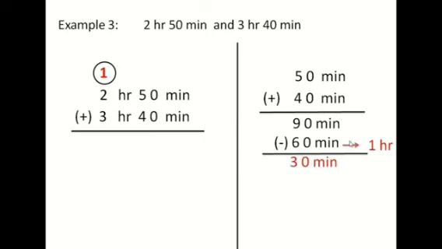And these 60 minutes, meaning 1 hour, will be carried over in the hour column. So in the column of minutes, you will write 30 minutes and then add the hours. It will be 3 plus 2 plus 1, which means 6 hours 30 minutes. So please complete the sum.